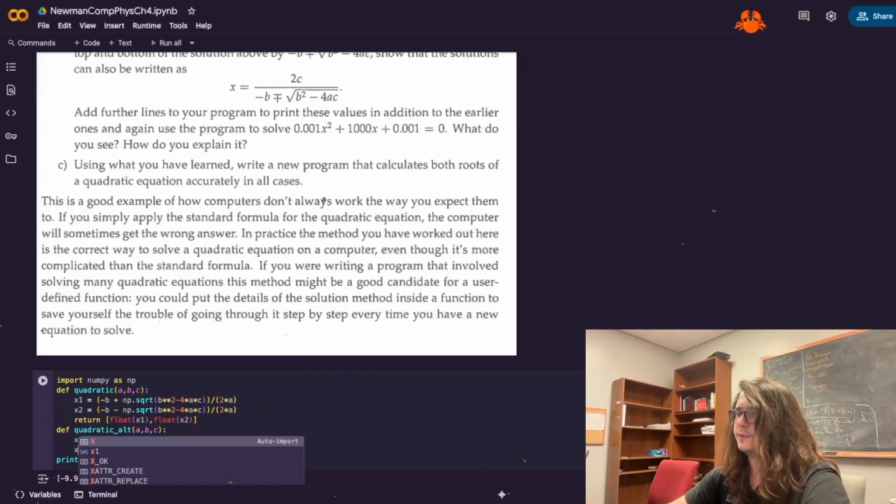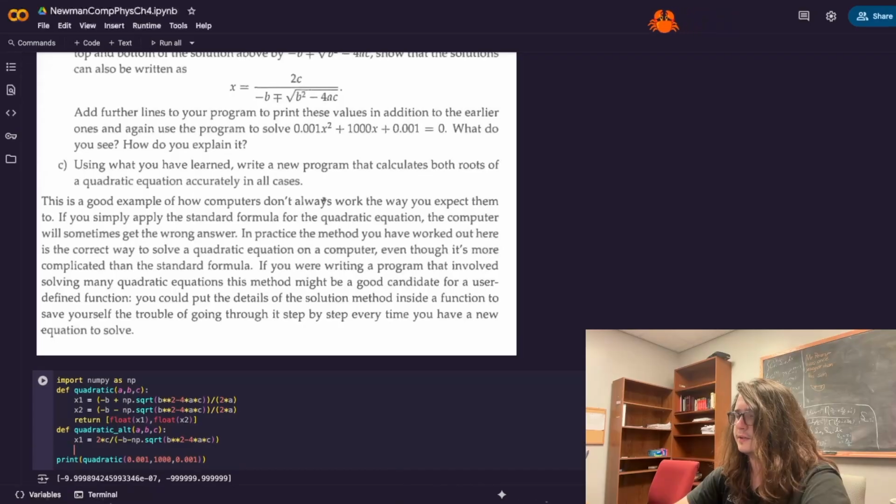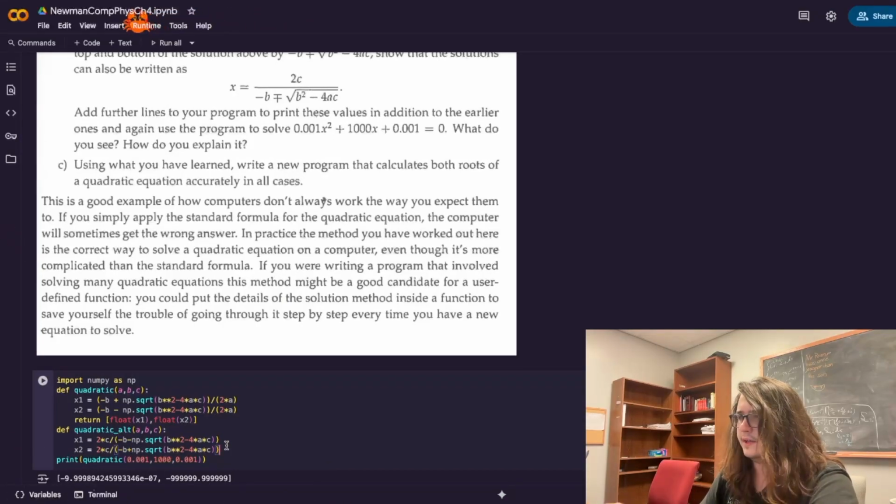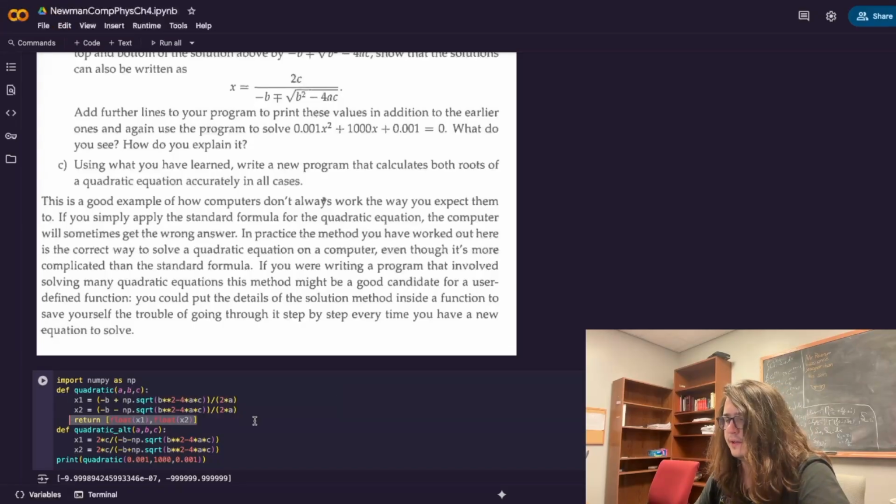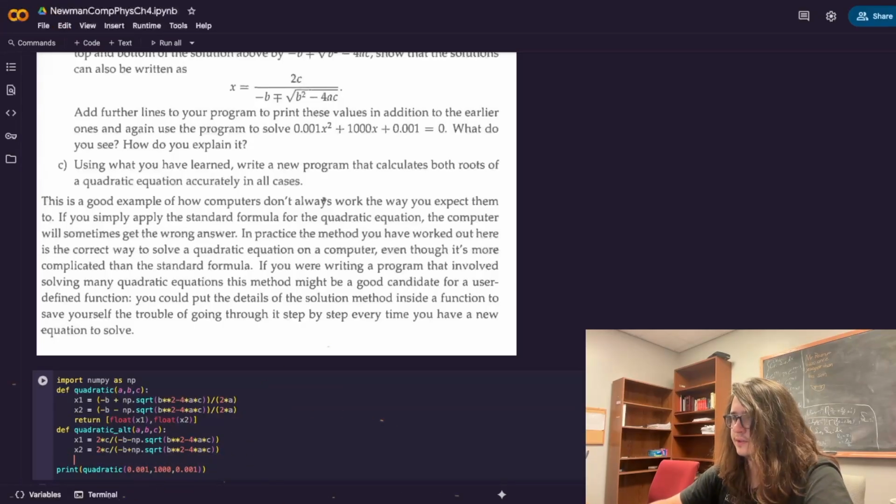Same with x2, except x2 is going to have a plus on the bottom. So plus here. And then we'll have the same return line as the last function.